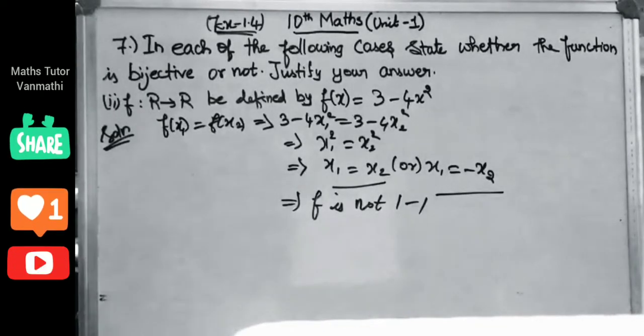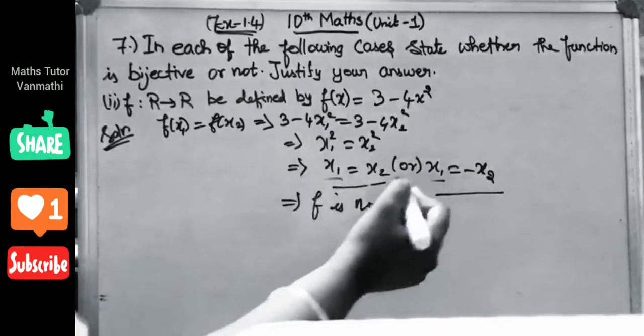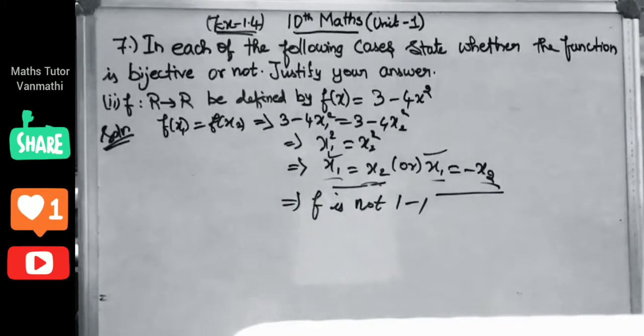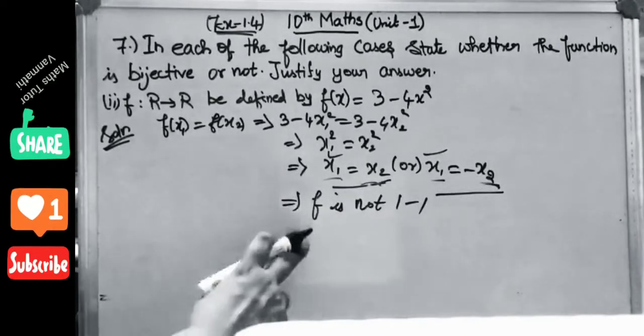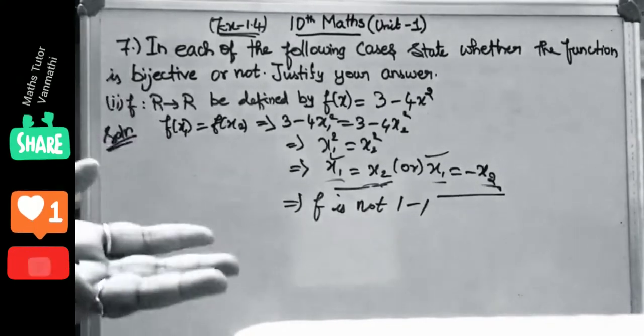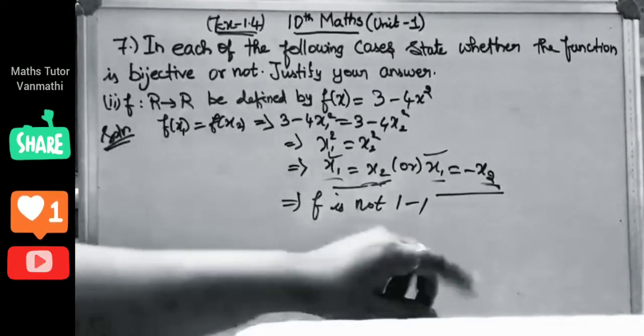Two different elements in the domain have the same image in the codomain. This is your domain value and this is your codomain value. So two different elements in the domain have the same value. From this we can say f is not one-to-one, because the one-to-one condition is that distinct elements have distinct images. It is the converse of that.